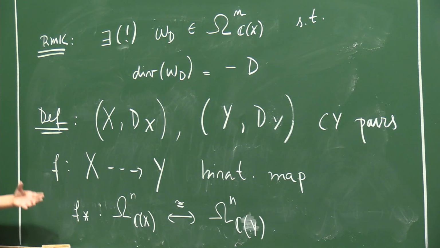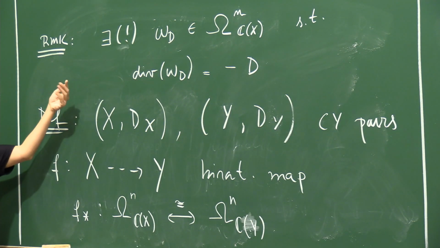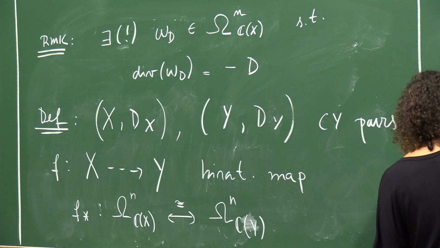And we will say that a birational map is volume preserving for these Calabi-Yau pairs if this identification preserves these special volume forms up to scaling. So let me give you now the definition.